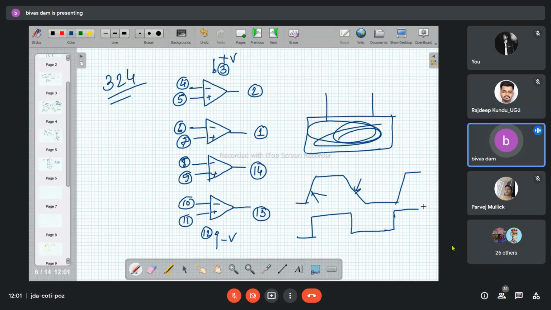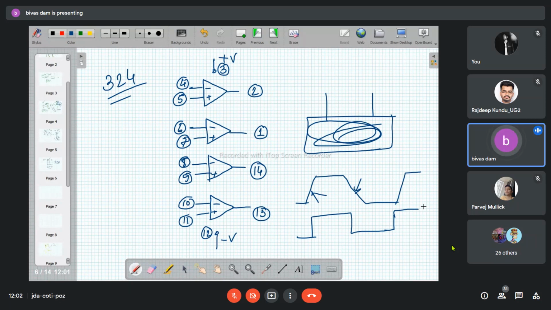In the market, they are available under the name of comparators. They are hardly ever used in the linear region. They do not have any linear application. They only have non-linear or comparator applications, and that's why they are named comparator ICs.